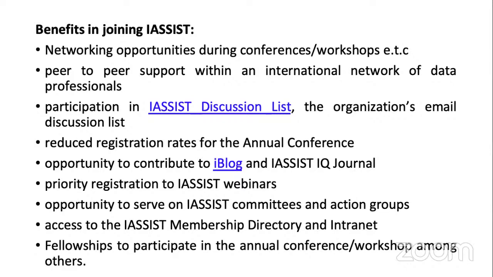Personally, I've benefited in that the president is my mentor, and I've really benefited from the mentorship. We also have a listserv, and the moment you become a member, you're able to join the discussion.